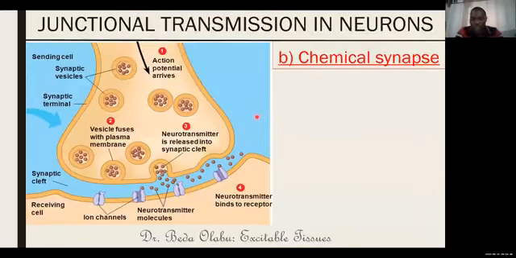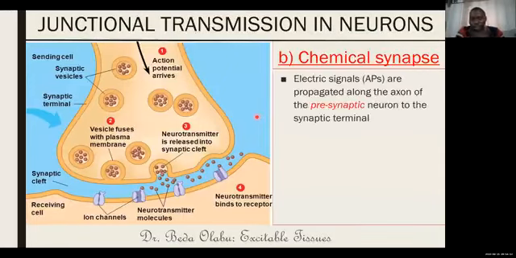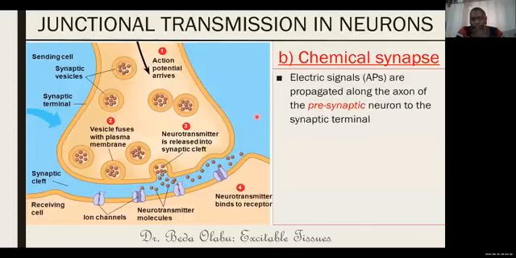Now let's just follow slowly, but make sure you understand. So we are saying that neurons will experience action potentials. And we are saying this action potential is transmitted along the cell membrane of the axon up to the end of the axon.